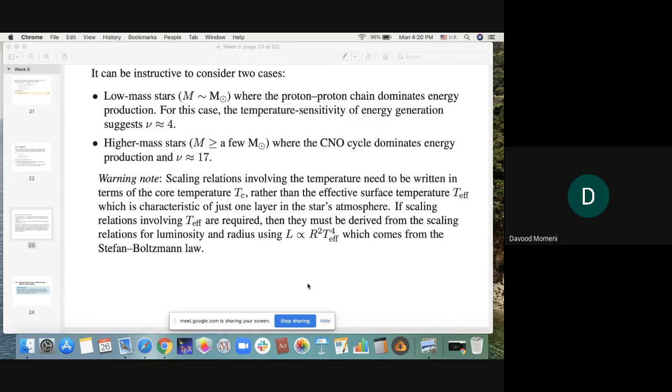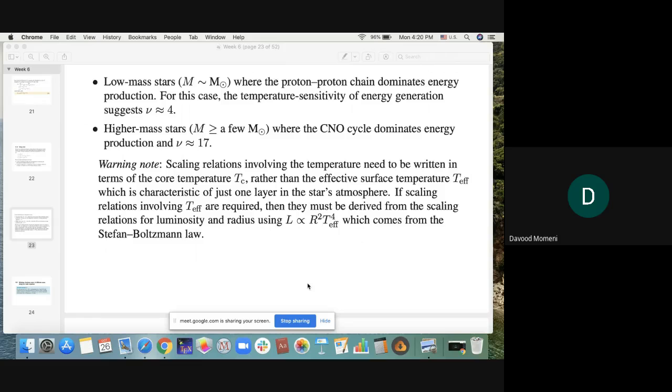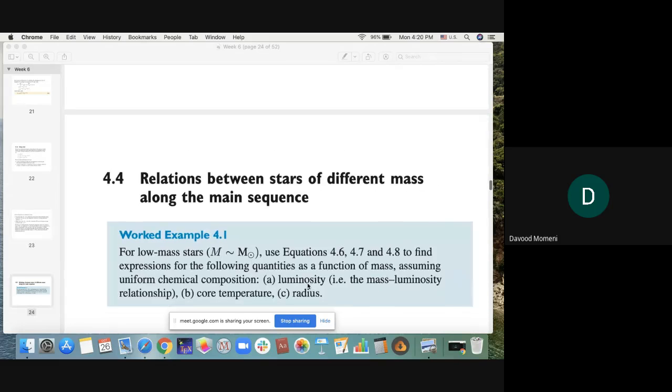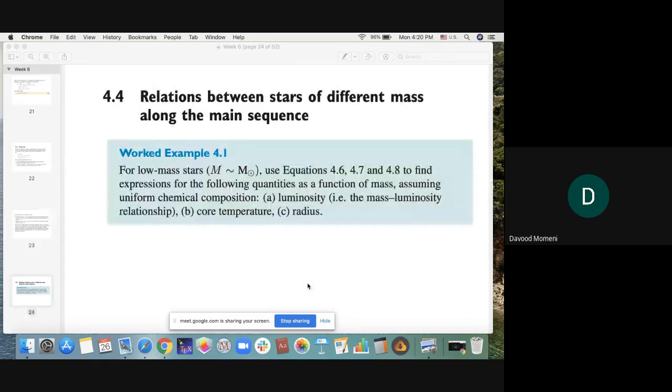So we are going to show you how for those types of stars we can get some information from the scaling relations. To do that, we focus on an example. This example is about finding some information from the scaling equation for a low mass star.